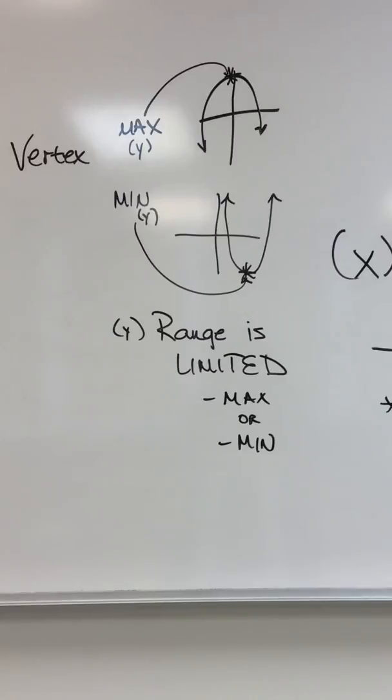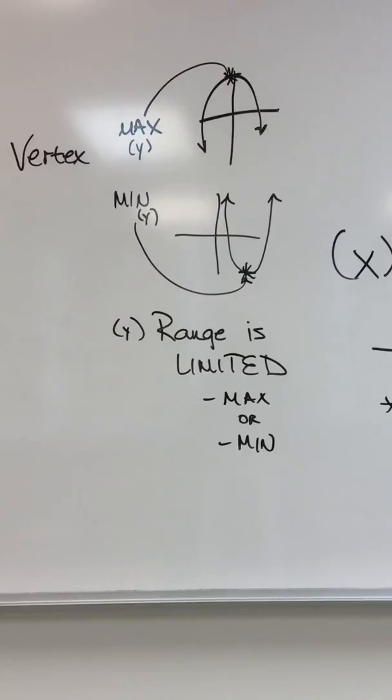The range on a quadratic function is limited. If you look at our maximum value here up top, that is the highest number for y in this particular solution. There are no y values in this solution any higher than that vertex.